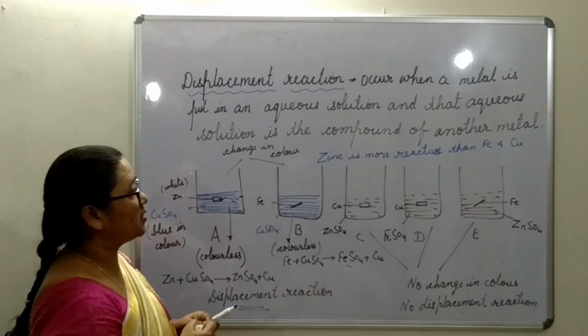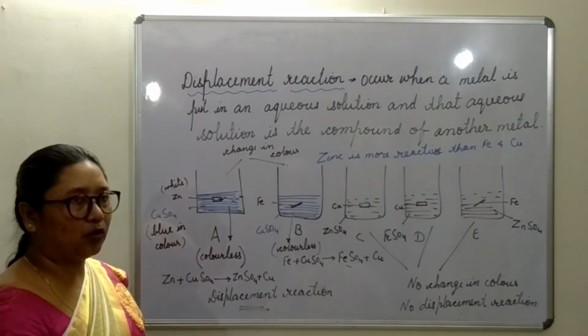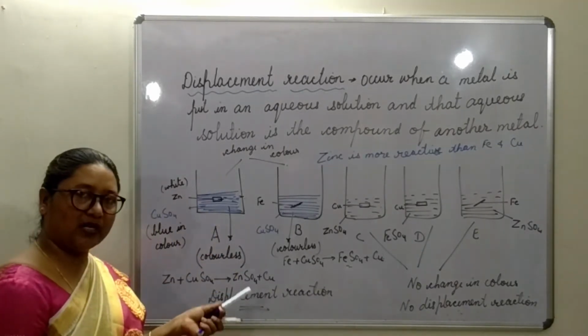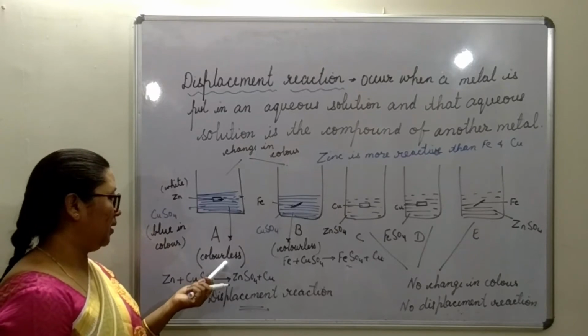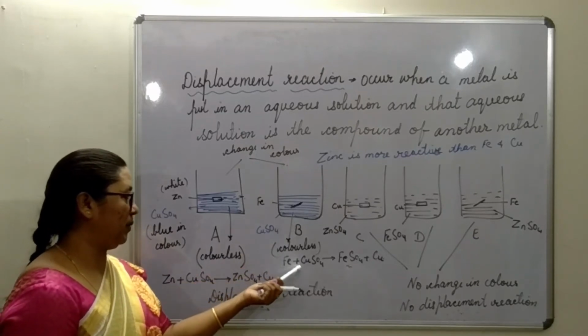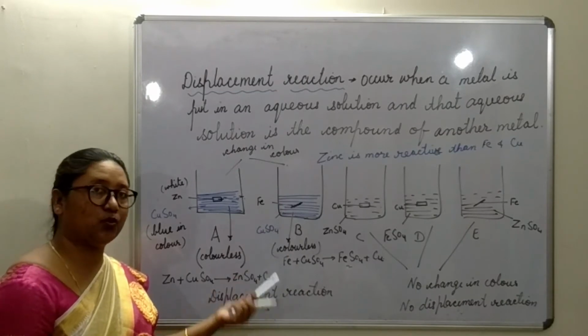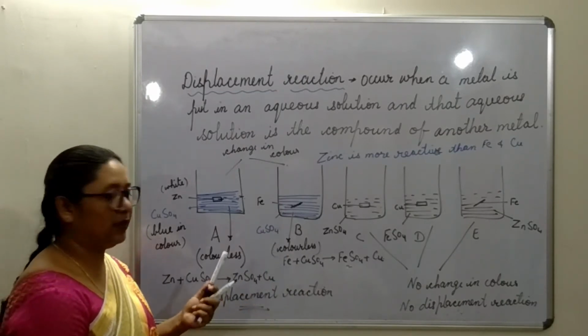Okay, zinc is more reactive than iron and copper. So I hope now you have understood why the displacement reaction is taking place in A and B, and when a displacement reaction is taking place, what is happening.